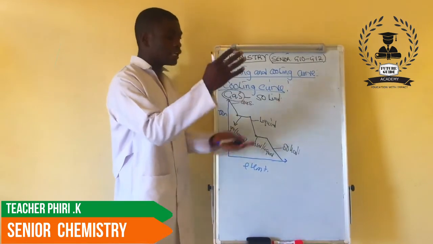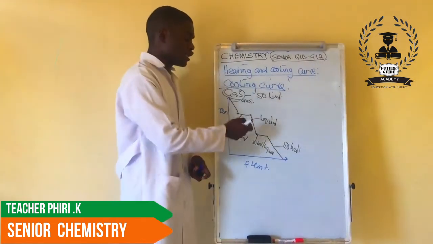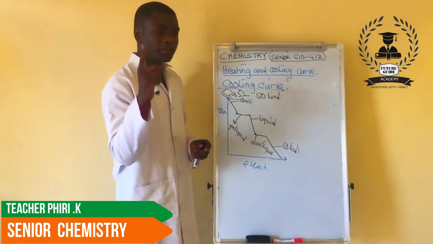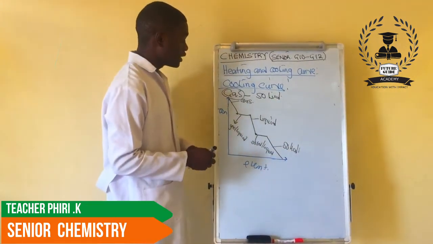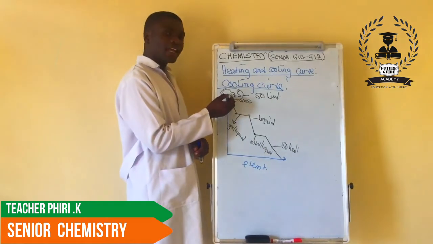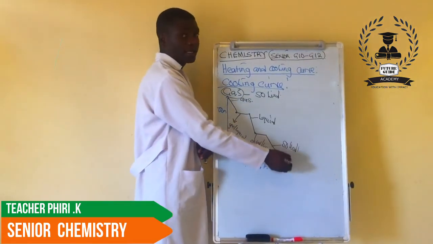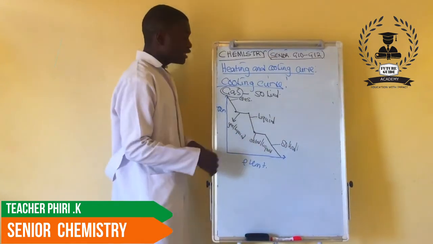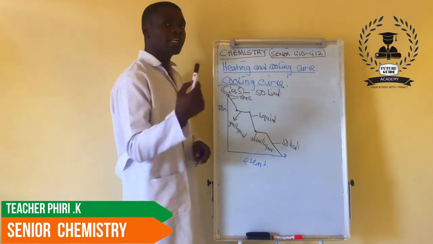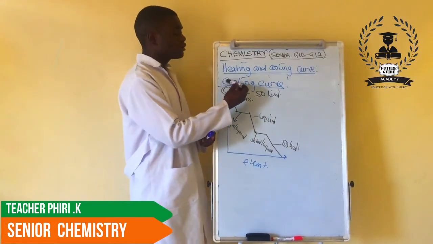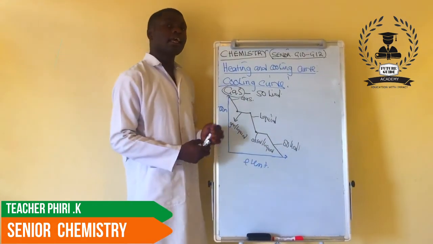So when you turn the heating curve the other way around, you're going to have what we call a cooling curve. What you're supposed to know is that the first one under a cooling curve is a gas. The first one under a heating curve is a what? It's a solid. Similarly, identify what the question is asking you to do, because don't mix up a cooling curve and a heating curve.